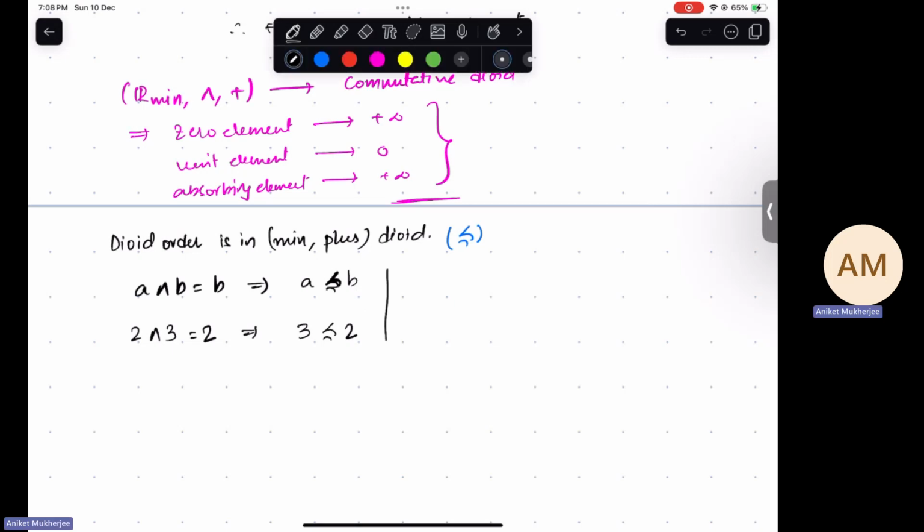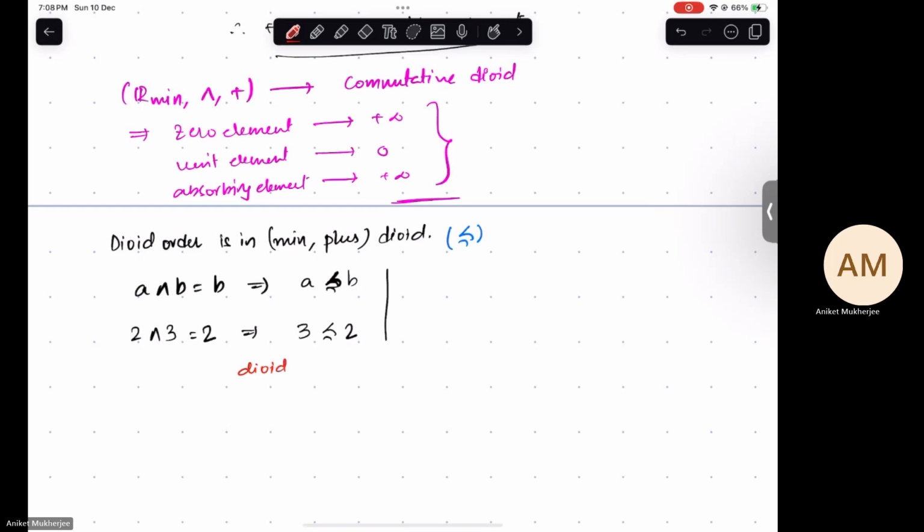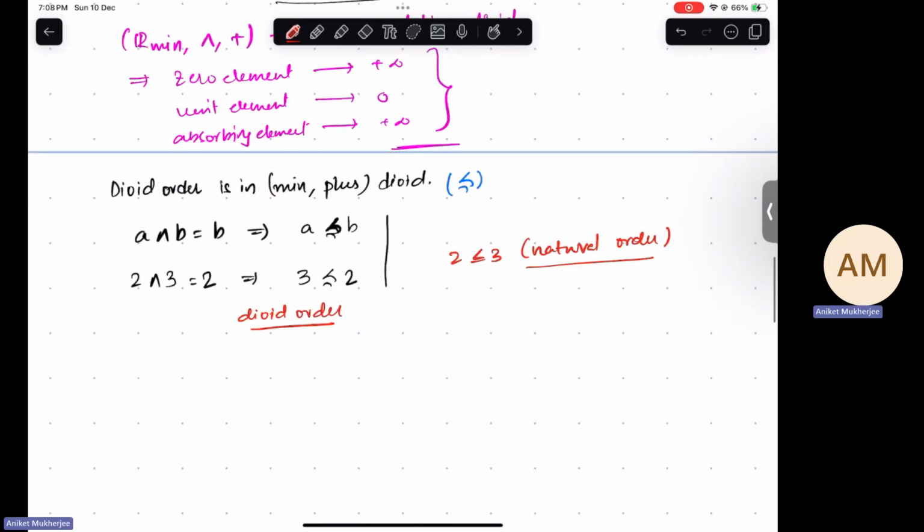So this is the dioid order, but in the natural order 2 is less than or equal to 3. So both the signs differ; one is given by the curly order and one is given by straight lines, right? So this is the dioid order and this is the natural order.